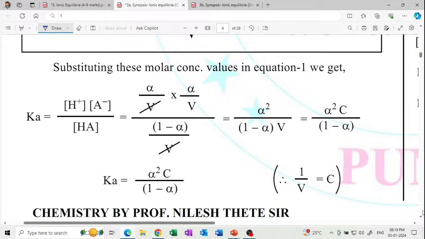So alpha square divided by V into 1 minus alpha. So K is equal to alpha square into C divided by 1 minus alpha. Okay, clear? Please note it. This is very important. So K is equal to alpha square into C divided by 1 minus alpha.